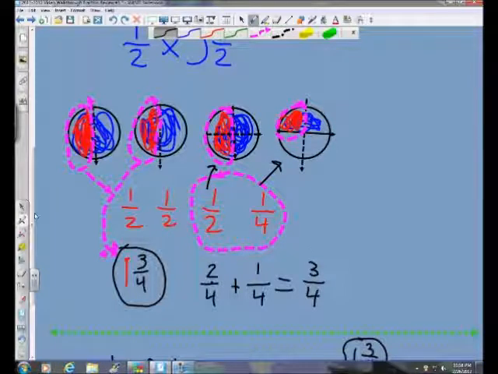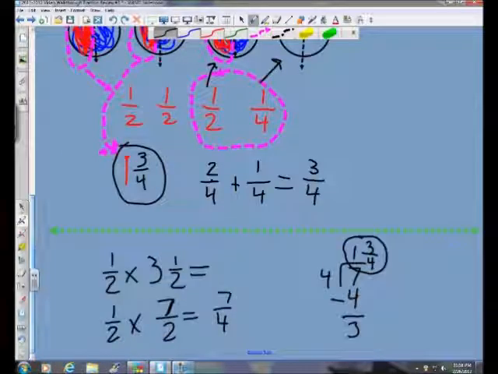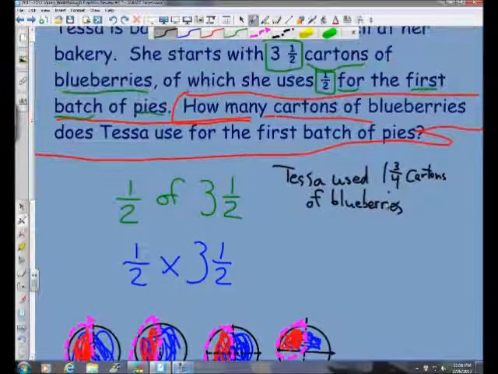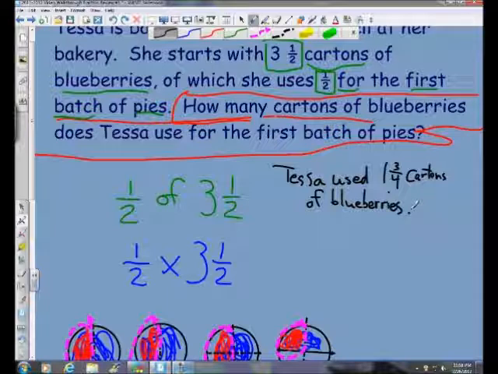And that was why we could use 7 halves as our mixed number. We multiplied, got 7/4, and we came up with 1 3/4 as the number of cartons used by Tessa in that first batch. Oh, forgot my period on there. Tessa used 1 3/4 cartons of blueberries.